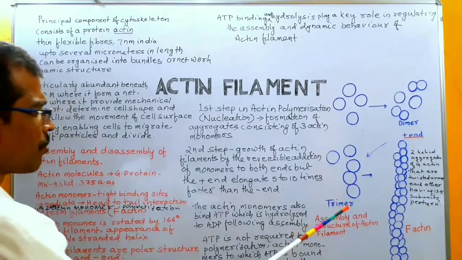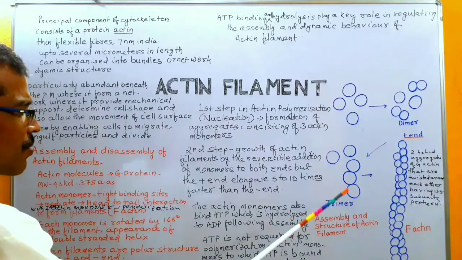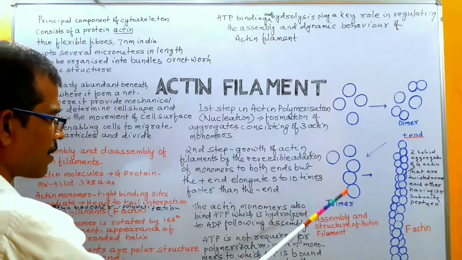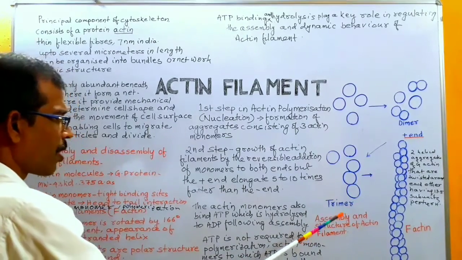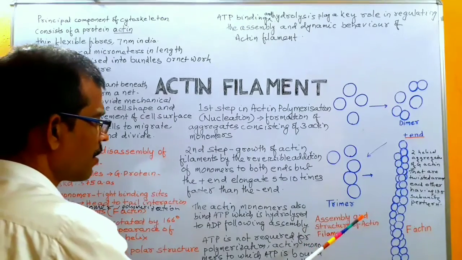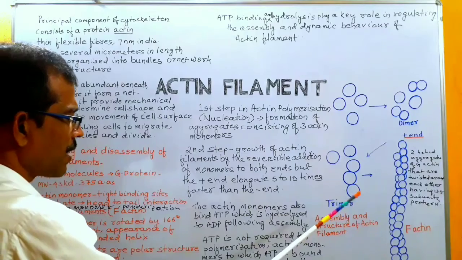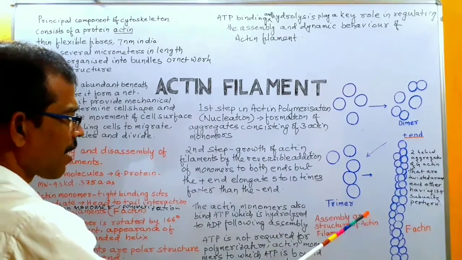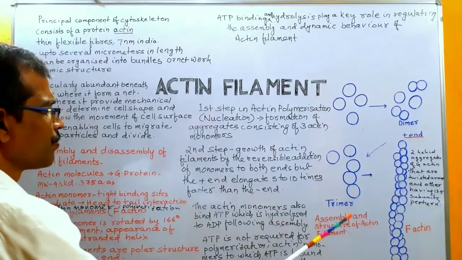The actin monomers also bind ATP, which is hydrolyzed following the assembly of the filament. ATP is not required for polymerization, but the actin monomer bound to ATP polymerizes more readily than the actin monomer bound to ADP.